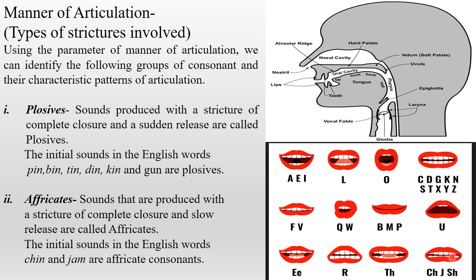Here you can see the position of the mouth when you say ch, j. There is complete closure and a slow release. In case of plosives, there is sudden release. In case of affricates, there is slow release. So the air is obstructed and released slowly, and the initial sounds in the words chin and jam, that is ch and j, are affricates.